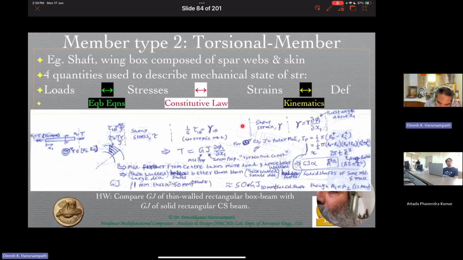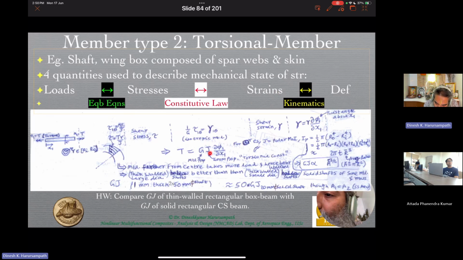Now, we have gone through one equation, which is the equilibrium equation. The second equation is the constitutive law, wherein we have to relate the shear stress and the shear strain. That shear stress is tau 1 theta, and that shear strain is gamma 1 theta.